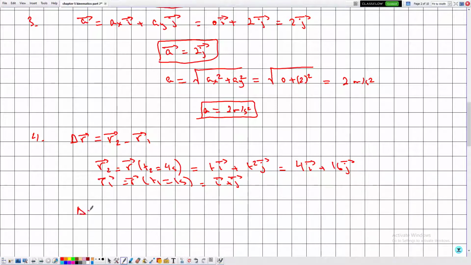Now the displacement delta r is given by r2 minus r1, which is equal to 4i plus 16j minus i plus j. Now 4i plus 16j minus i minus j is equal to 4 minus 1 multiplied by the unit vector i.